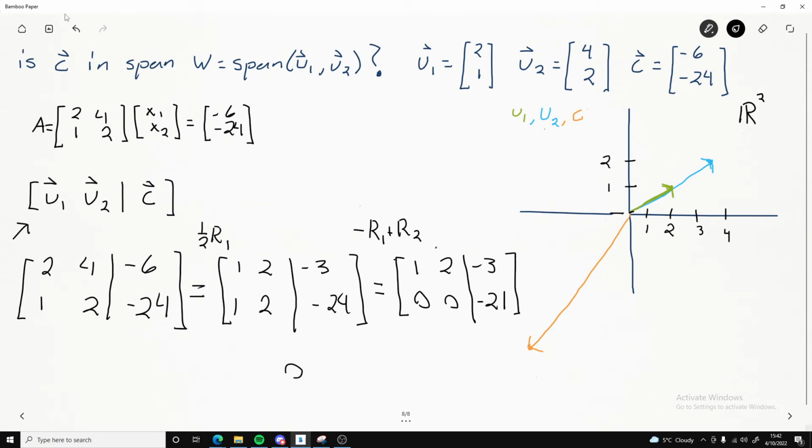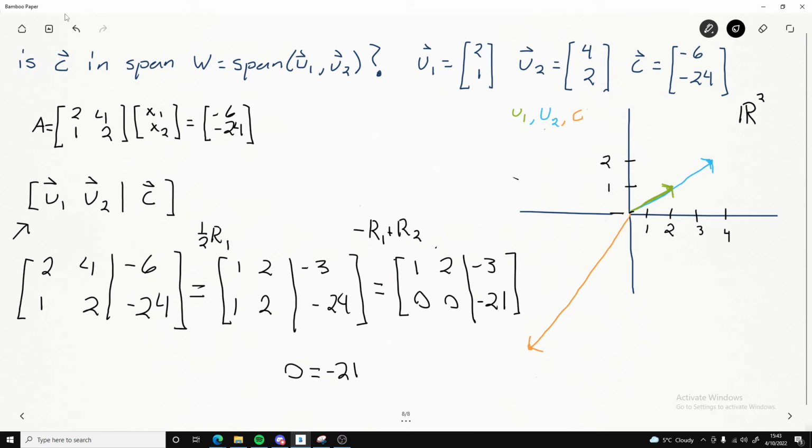We see that 0 equals negative 21, which we know is not true. 0, in fact, does not equal negative 21, nor 21 for that matter. But our system is saying 0 equals negative 21, which is impossible. So it's essentially saying that with the span of u1 and u2, we are not able to achieve C.